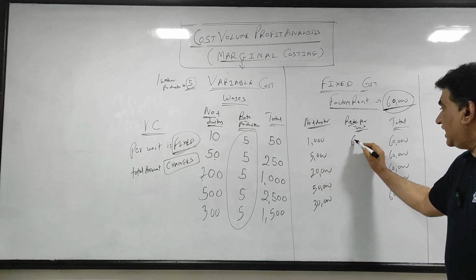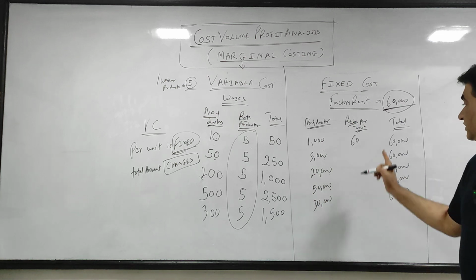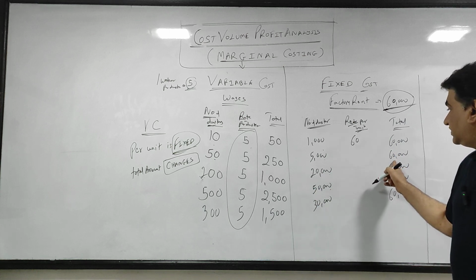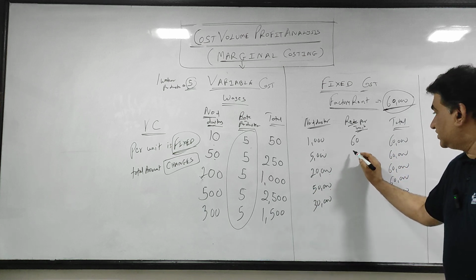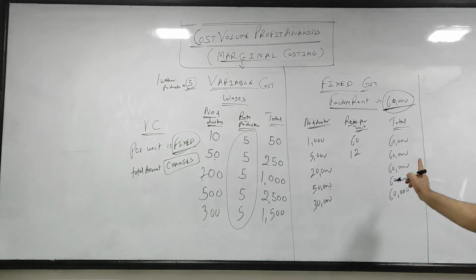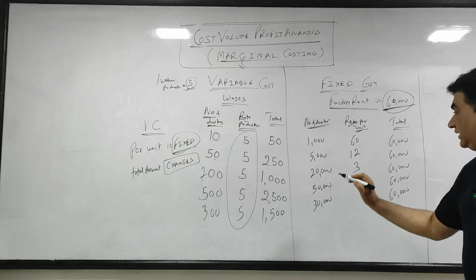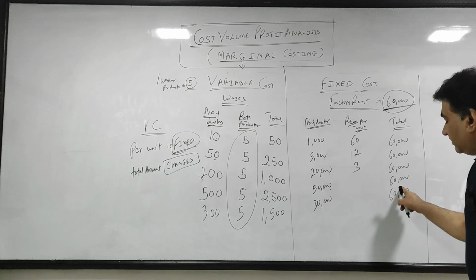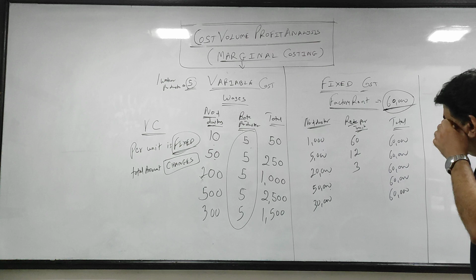1000 dusters के लिए I paid 60,000. So 60,000 divided by 1000, 60. 60,000 I paid for 5,000 dusters. तो कितना हो गया? 12. 60,000 I paid for 20,000 dusters. कितना हो गया? 3. 60,000 I paid for 50,000.